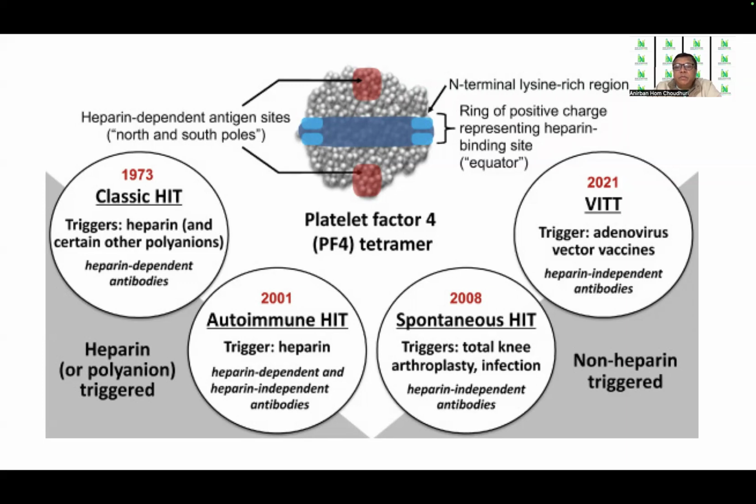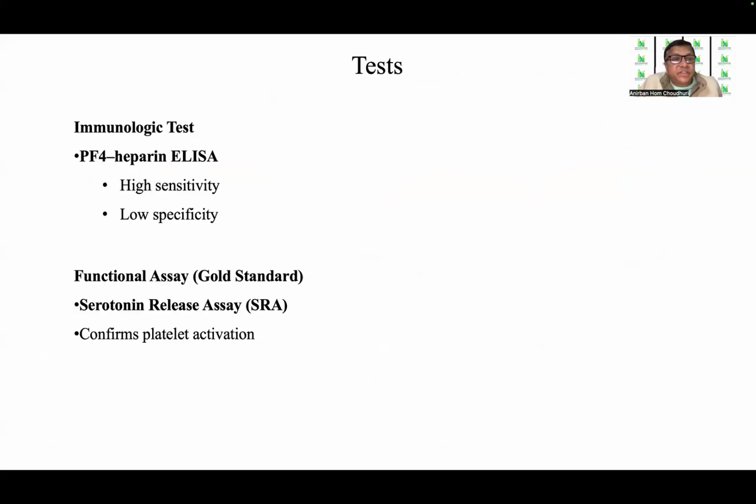And in 2021, we had VITT, that is vaccine induced thrombocytopenia thrombosis, which was triggered by adenovirus vector vaccines, also with heparin independent antibody. So at one end we find heparin triggered, and at the other end non-heparin triggered causes of thrombocytopenia and thrombosis.